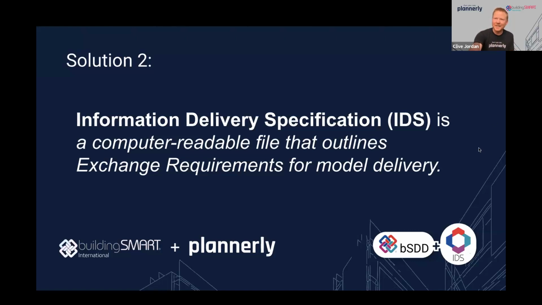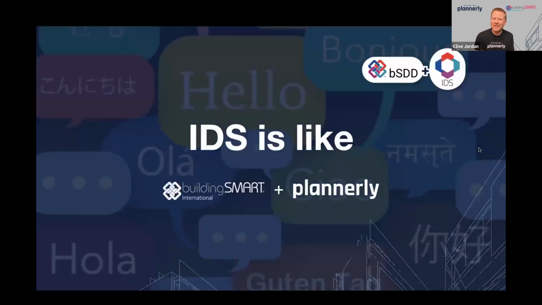So IDS, if we've got some analogies there, it's maybe like a translator so that everyone can use their own language or their own software, but when it comes to project requirements, they can exchange and it can be translated, it can be understood, and everyone speaks the same language. Is that fair? Yeah, if it's a translator, it's like a bridge between two languages. What do you think about that?